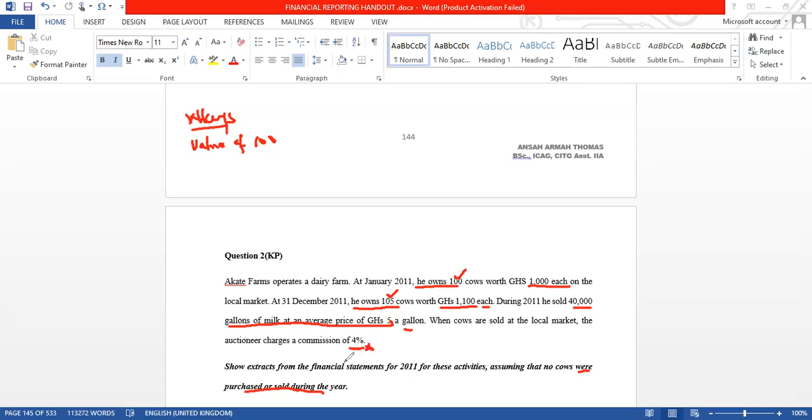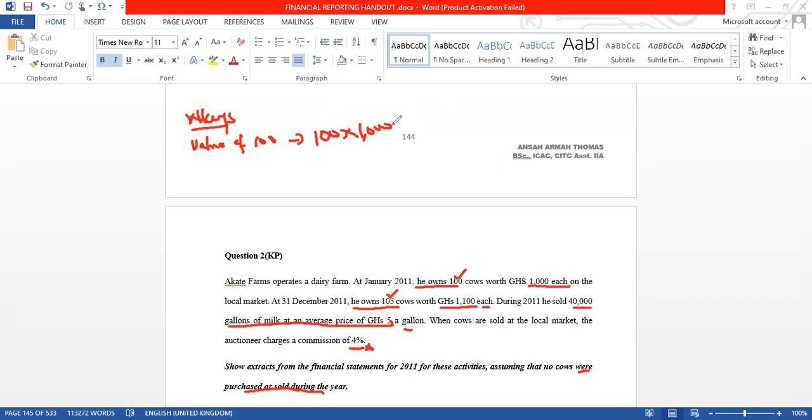So if the value of the thing is 100%, then the commission of the auctioneers is 4%. So what we are going to measure is that we have 100 cows, which at the end of the year we would value at 1,000 each.